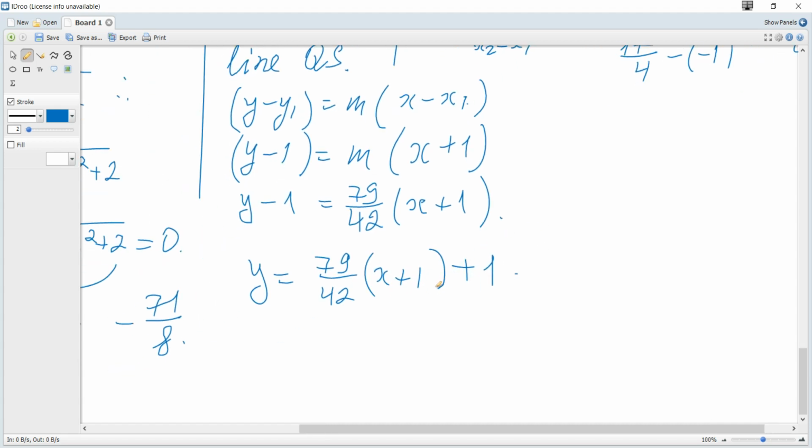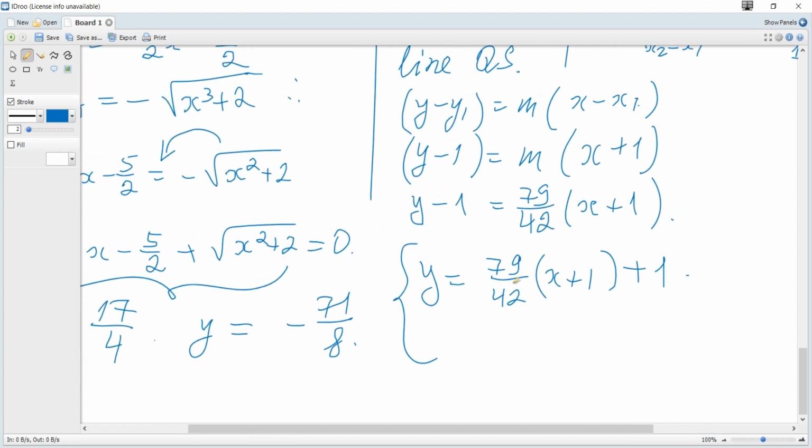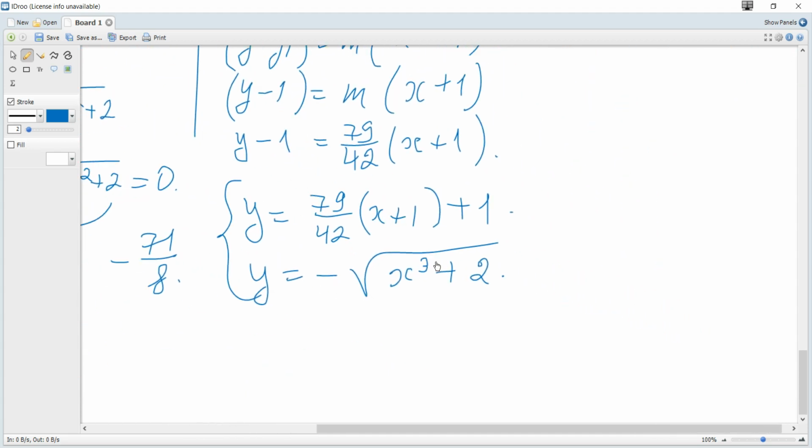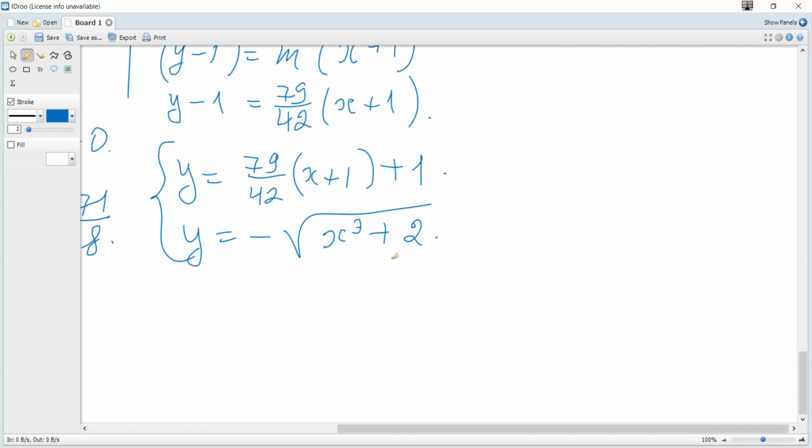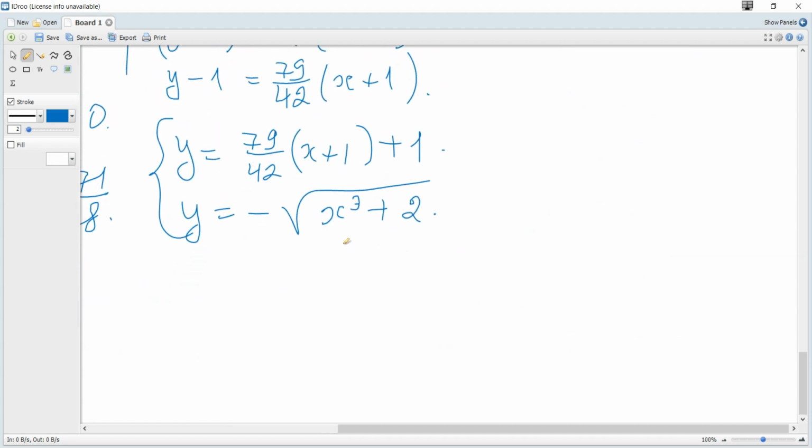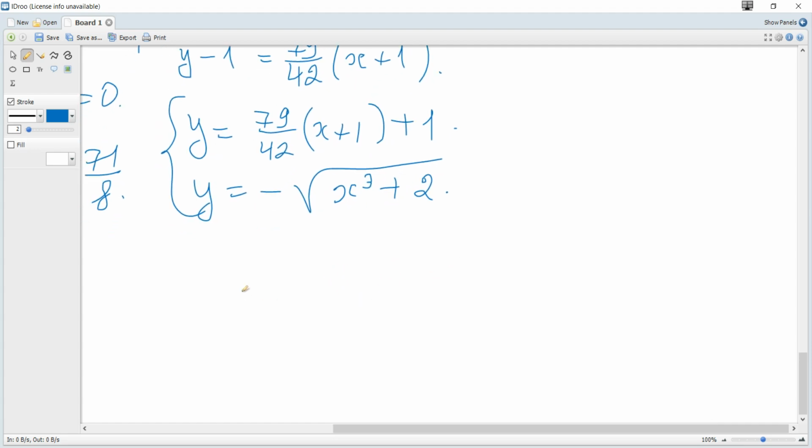And again we need the point of intersection with the curve y is negative square root of x cubed plus 2, and again plot a graph and find the required point of intersection directly from the calculator.